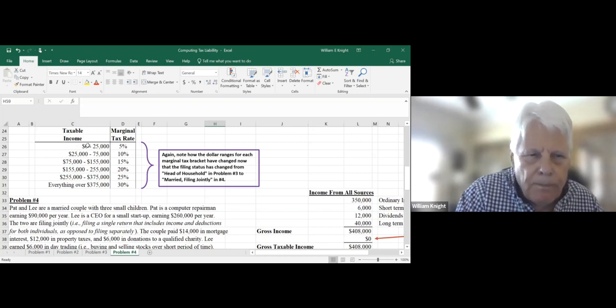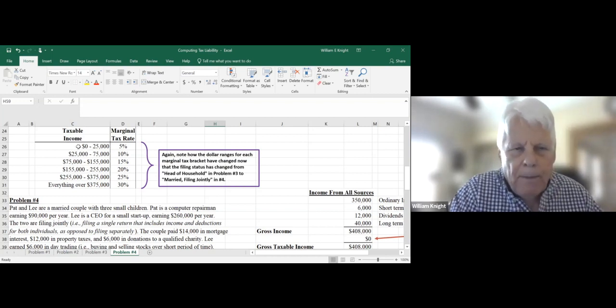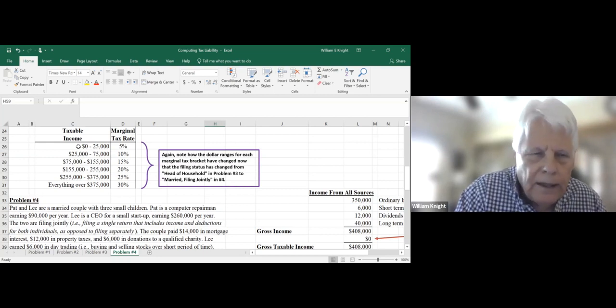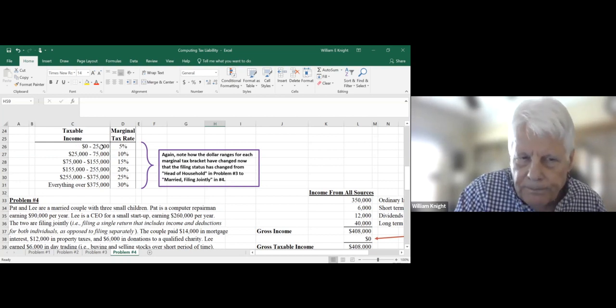And in this number 4, because the couple are married filing jointly, the first income tax bracket is going to be 25,000, not 20. The second is going to be 50,000, etc. Now, the marginal tax rates stay the same, but it's the span of the tax brackets that differ.